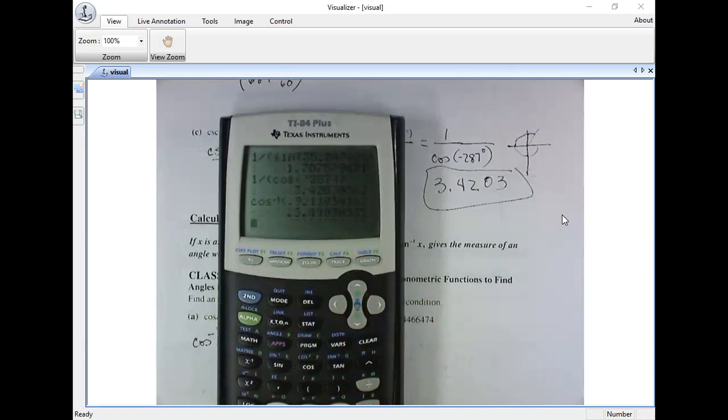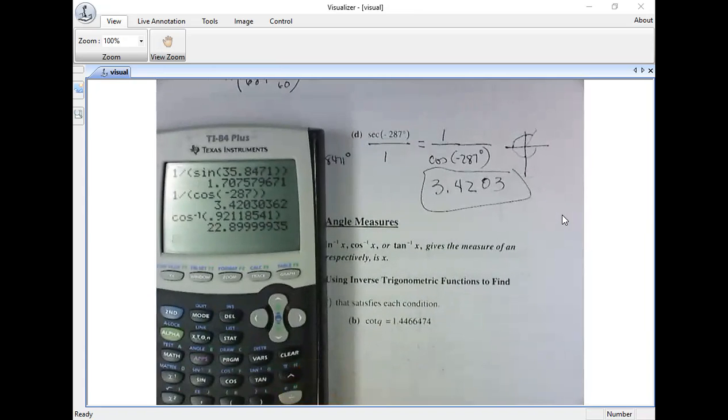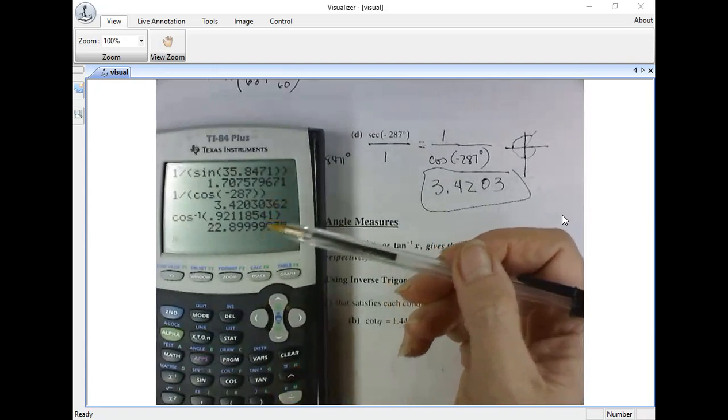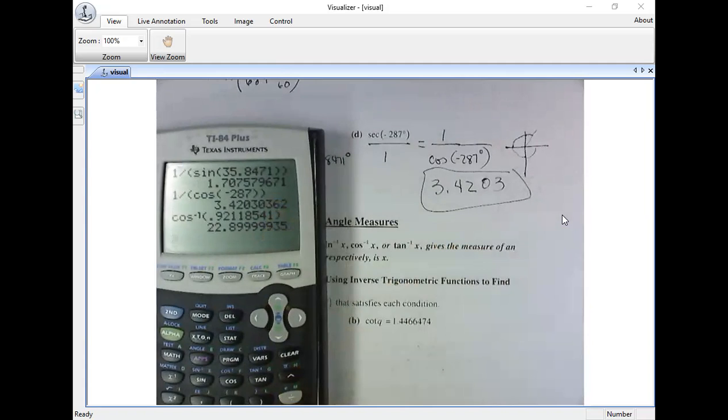And when I hit enter, because I'm in degrees, this is giving me the degree approximation for the angle measure. Now remember, this probably was something that was irrational, so when I put in this many decimals, it's quite a few, but it's still rounded, okay? So we're going to round the angle measure, and let's round this one 2 places to the right of the decimal. So you would tell me angle Q is about how many degrees?